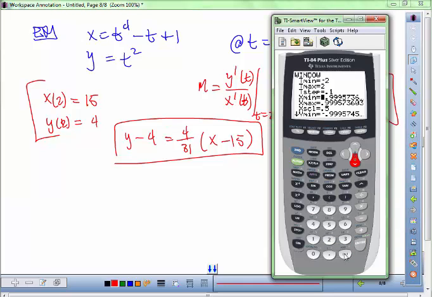But if I let my x-min go from 0 to something that includes 15, like 16, I can be sure to account for that point when t is equal to 2. And then my y, I think that could just go from 0 to, it didn't go past 5, so I'm going to try 4 this time.